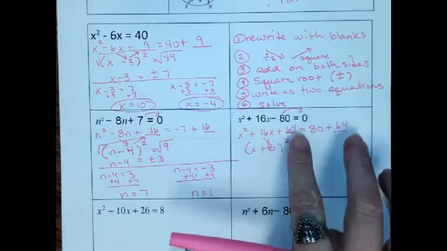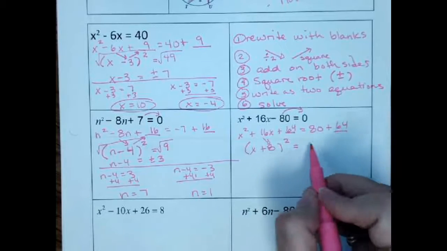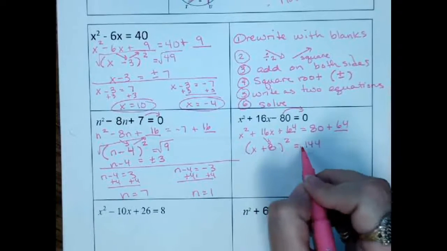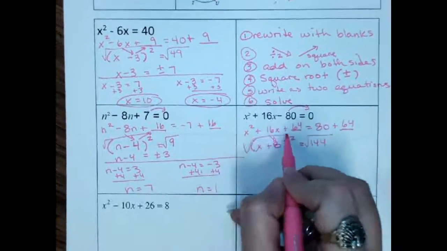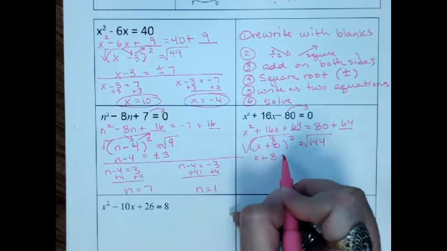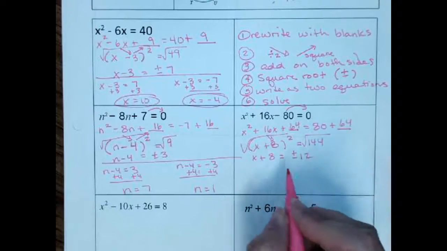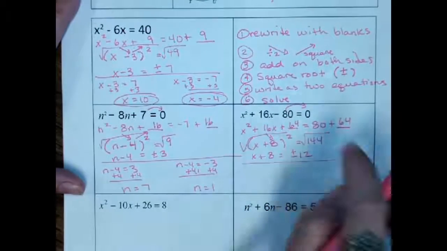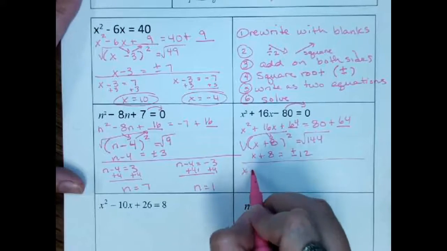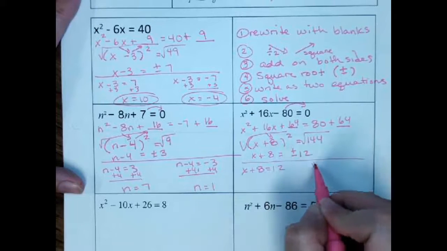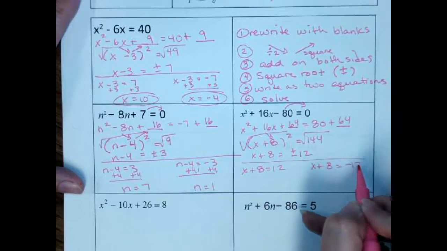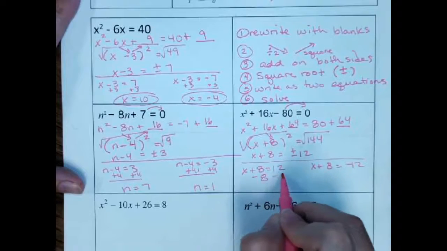Add it on both sides. Add those. Square root. X plus 8 equals, don't forget the plus or minus. Write as 2 equations. And solve.